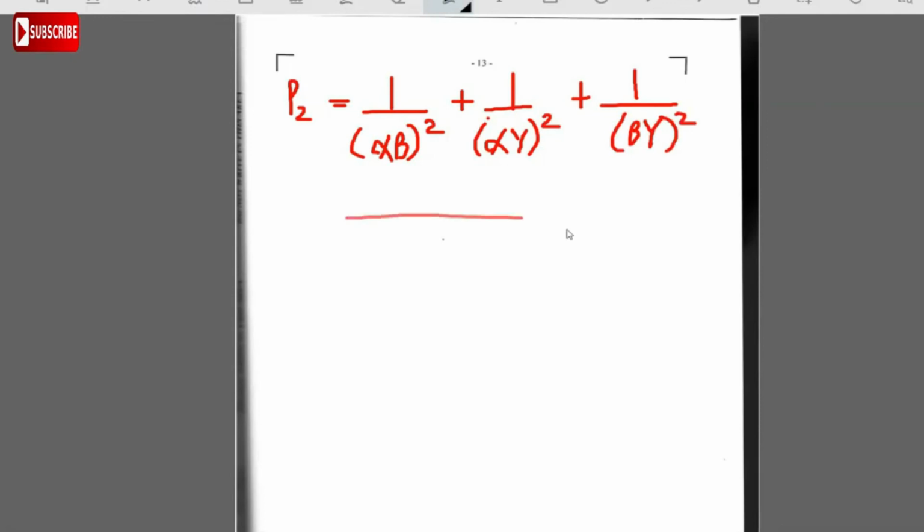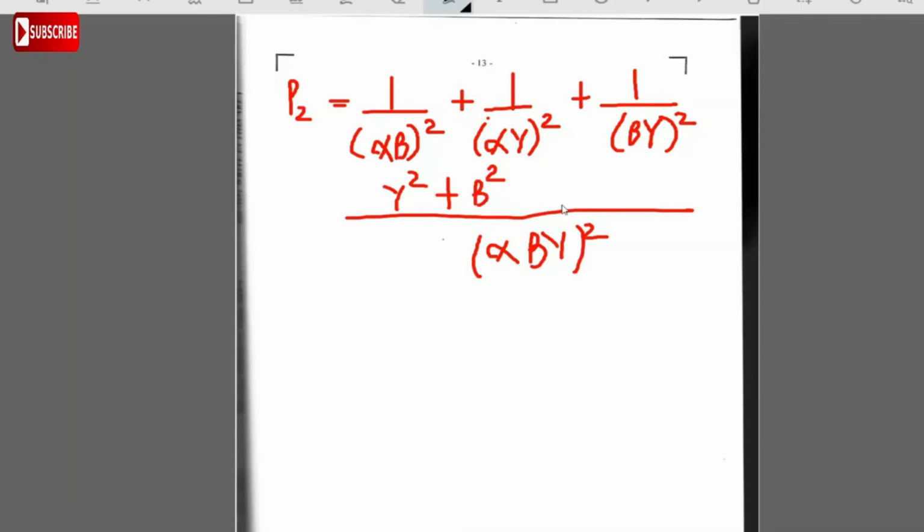The LCM for this is going to be alpha beta gamma all square. What we're going to get when we work this out is, this into this just leaves gamma square, this into this leaves plus beta square, and this into this leaves alpha square.